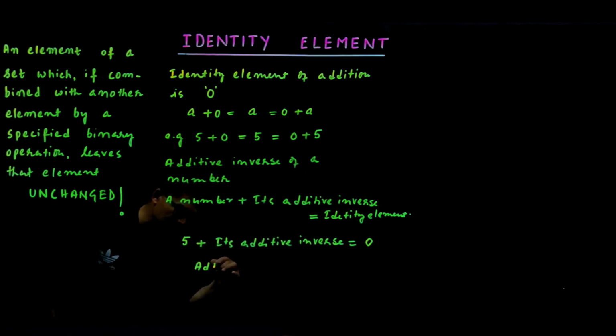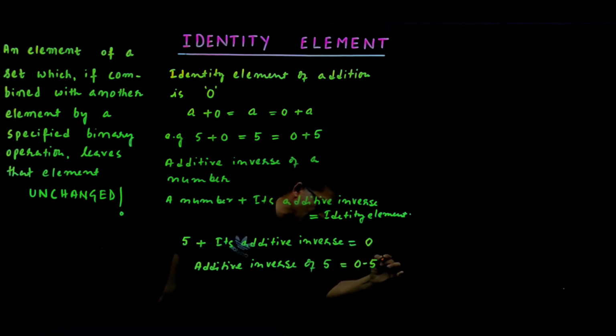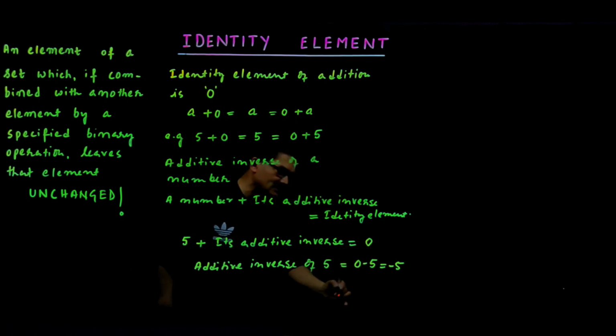That means the additive inverse of 5 is equal to 0 minus 5, and that is equal to minus 5.